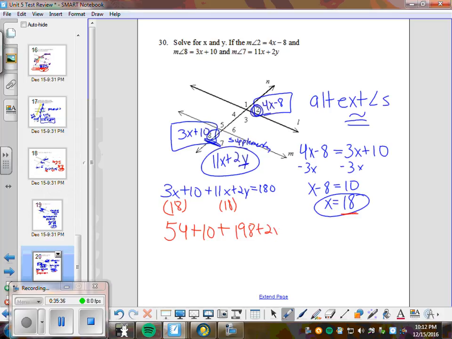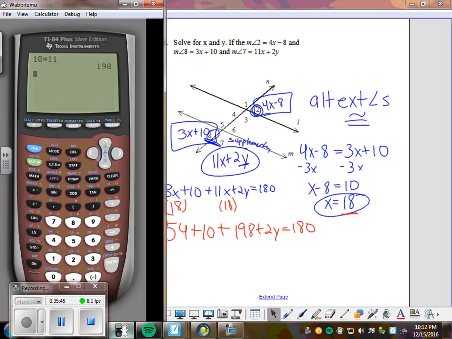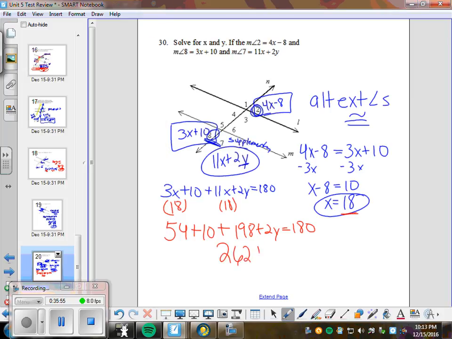Plus 2y equals 180. All right, so add up 198, 10, and 54, and you get 262 plus 2y equals 180. So we're going to subtract 262.